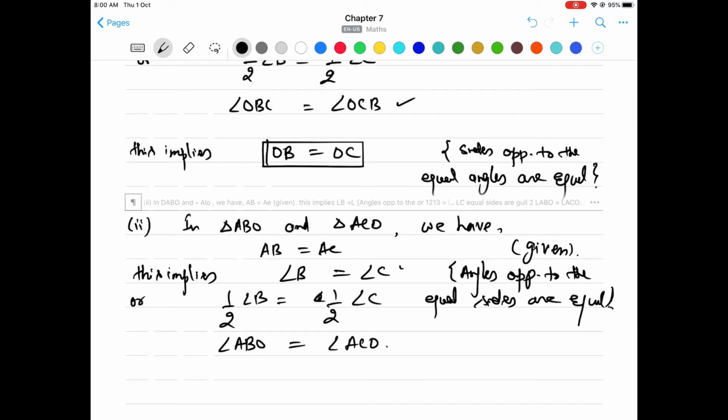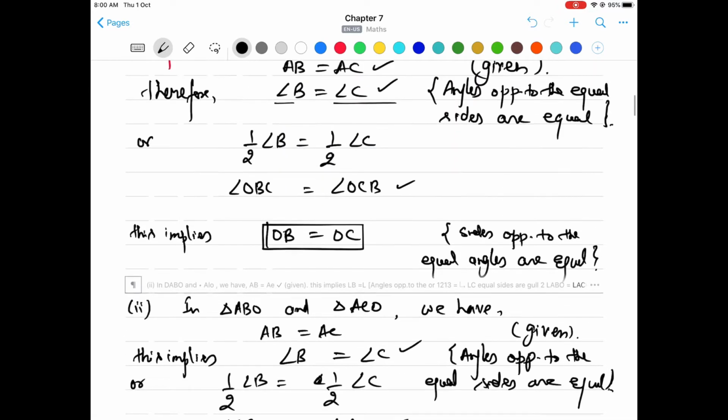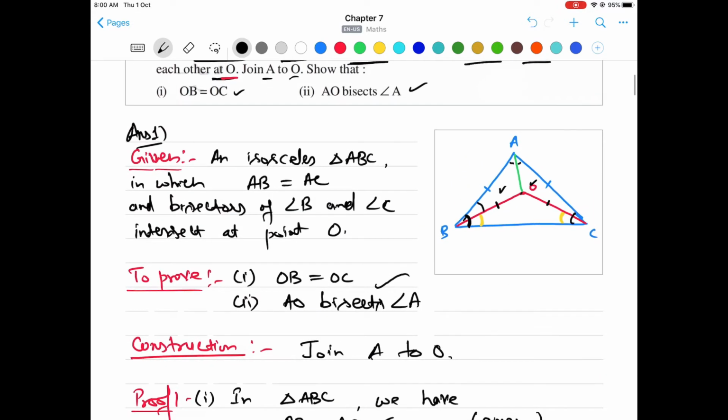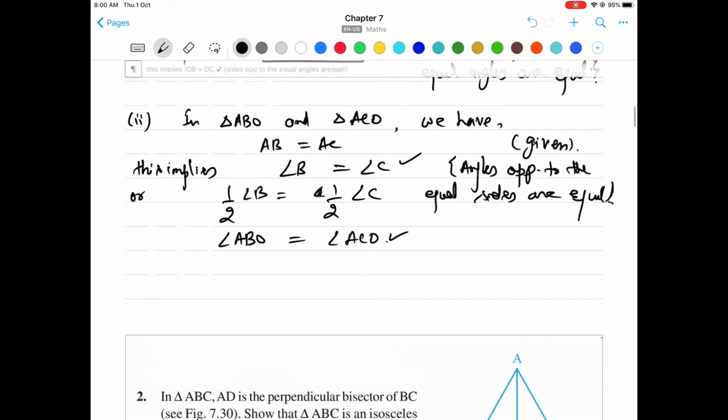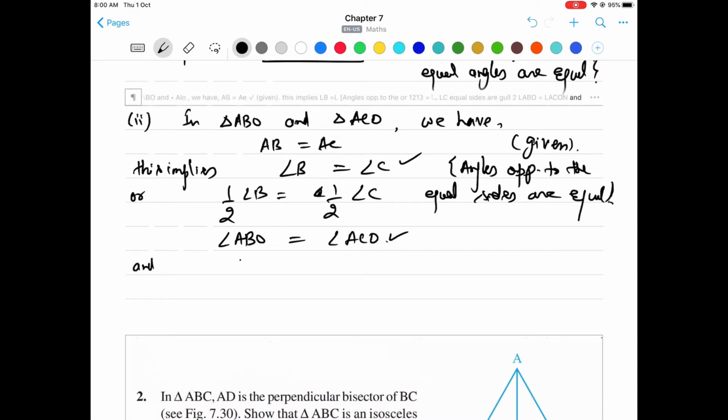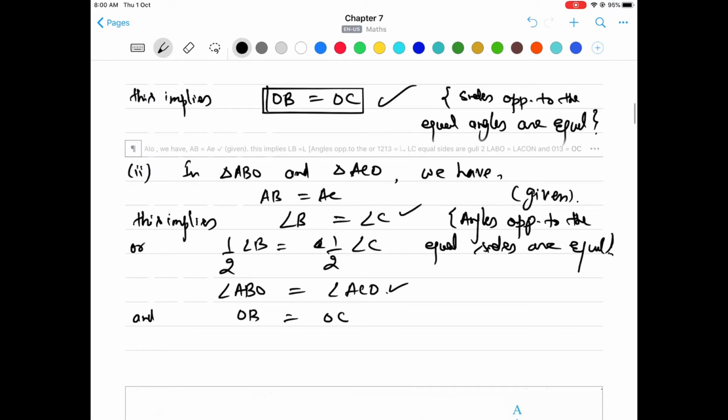Okay, so now we got one side, one angle, and this OB and OC we have already proved equal here. So write, and OB is equal to OC, proved above.